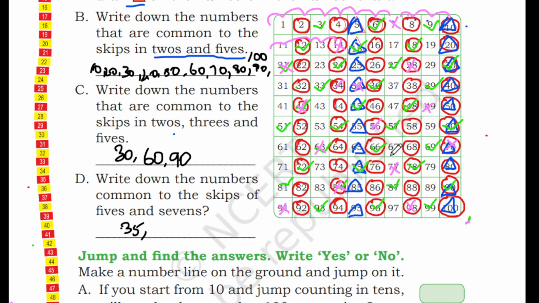No, it's not there. If you notice number 70, you can see the triangle and also there is a cross mark. So number 70. So 35, 70. Let's see if we have any other number with a triangle and a cross mark. No, it's only number 35 and 70.